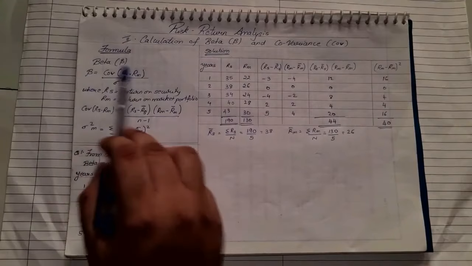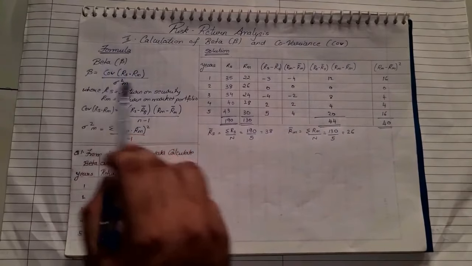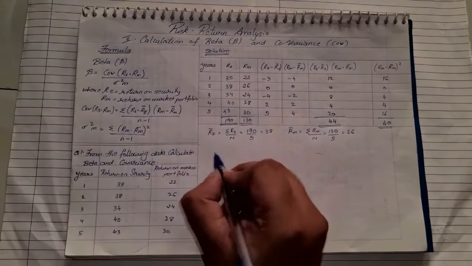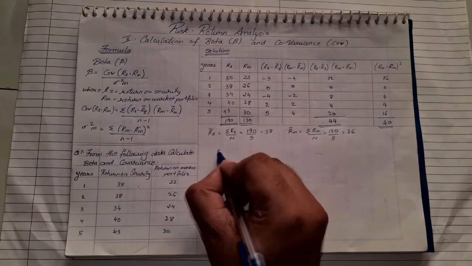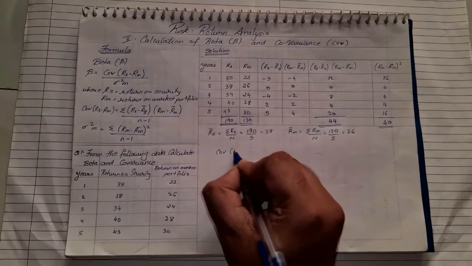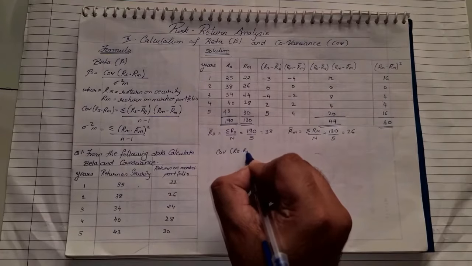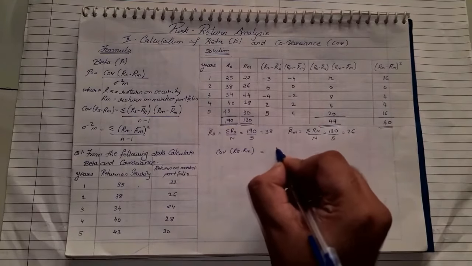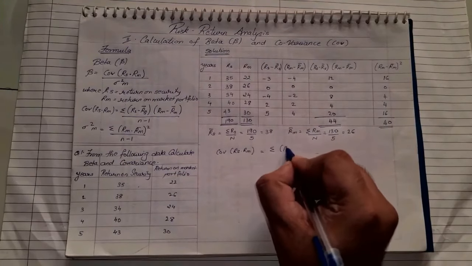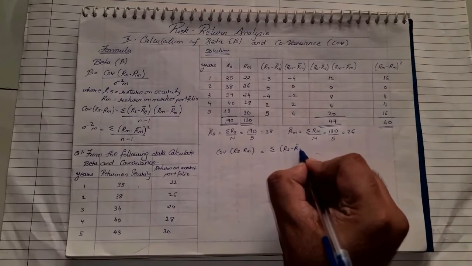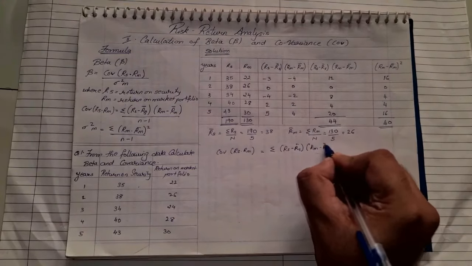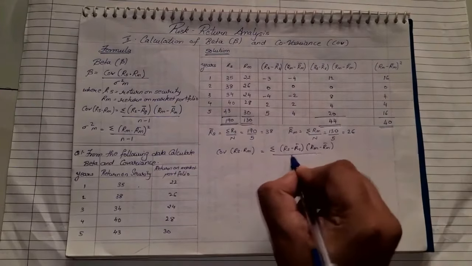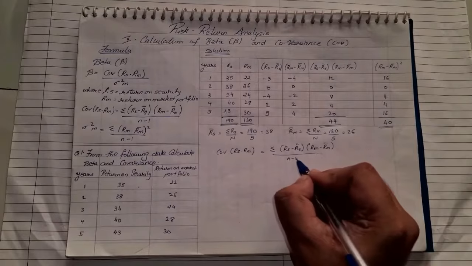Now in order to get beta, first I need to find the covariance, because the numerator stands for covariance. So first we will find the covariance. The covariance formula we'll first note down. Covariance of Rs and Rm is summation of Rs minus R bar S into Rm minus R bar M upon N minus 1.